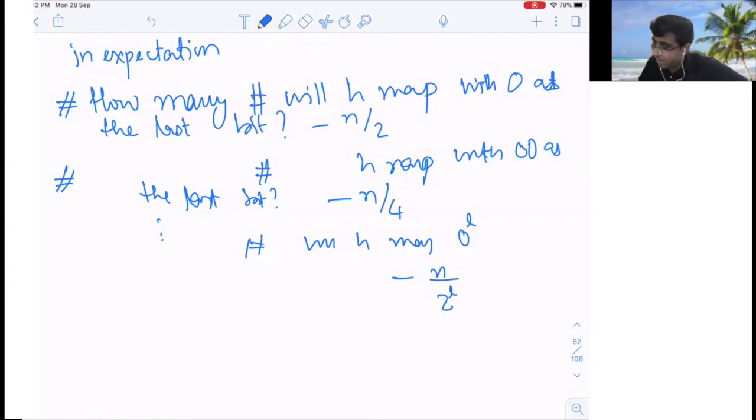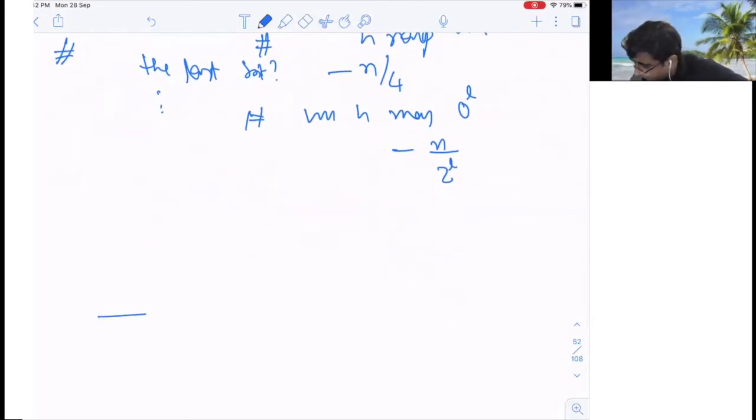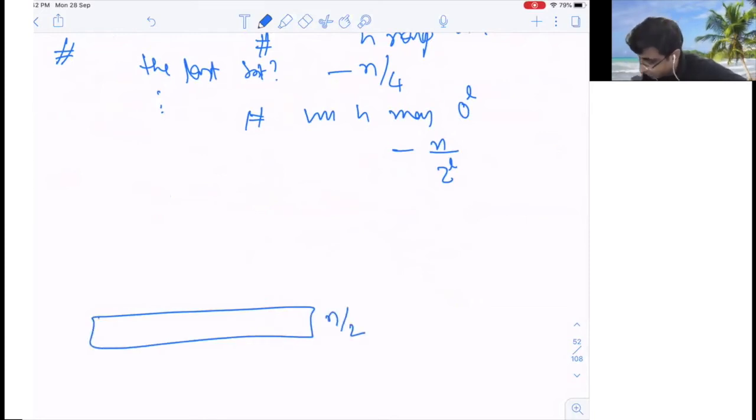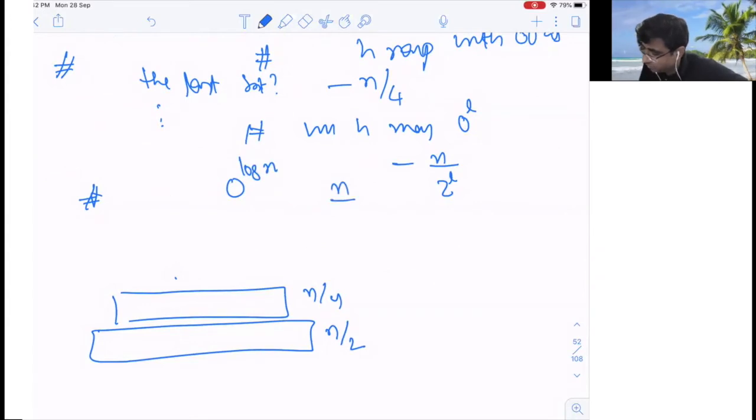So this is like a pyramid, right? Half the elements like this, half the elements like this, and how many it will see with 0 power log n? Suppose n is a multiple of 2.